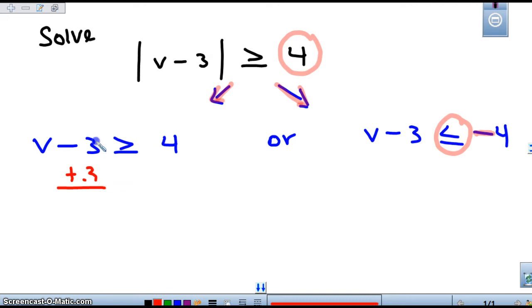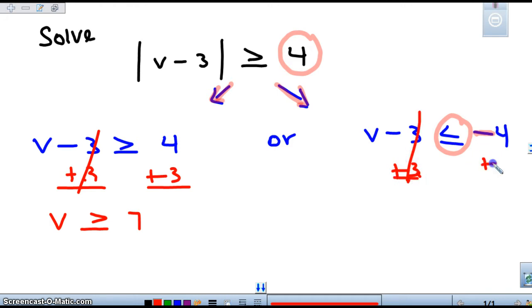Plus 3, plus 3. v is greater than or equal to 7. Or, and I'm going to talk about this or right now, v minus 3 is less than or equal to negative 4, plus 3, plus 3, v is less than or equal to negative 1.